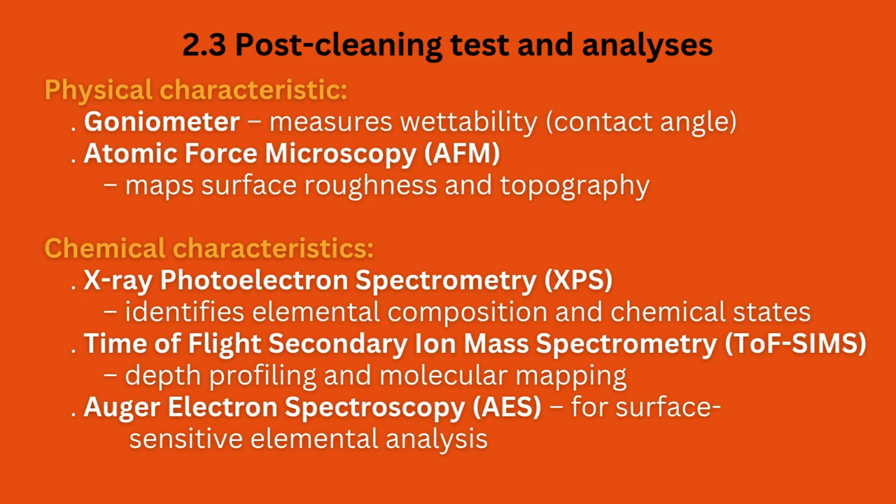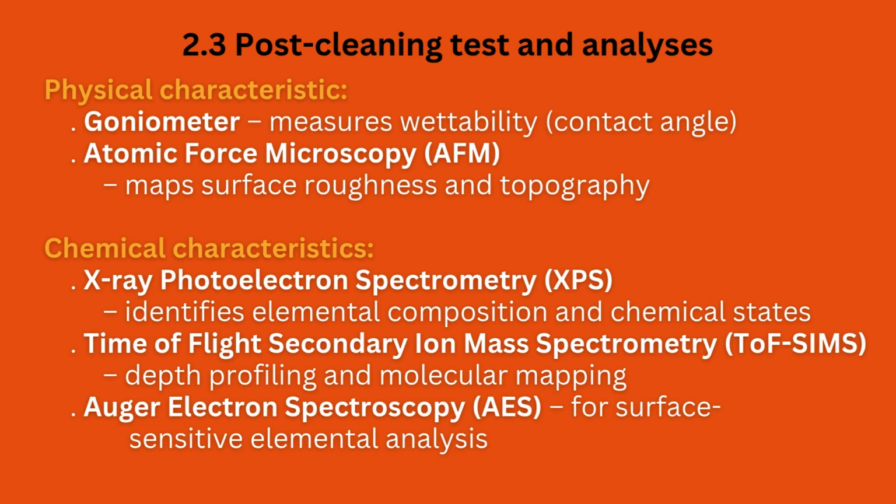On the chemical side, XPS, X-ray photoelectron spectroscopy, tells us which elements are present and their chemical states, but only within the top 5 to 10 nanometers. TOF-SIMS, or time-of-flight secondary ion mass spectrometry, is even more detailed. In surface mode, it analyses just the top 1 to 2 nanometers, but with depth profiling, it can go hundreds of nanometers deep, or even up to a few micrometers, depending on the material and sputtering conditions.